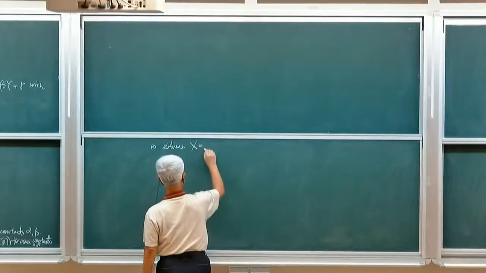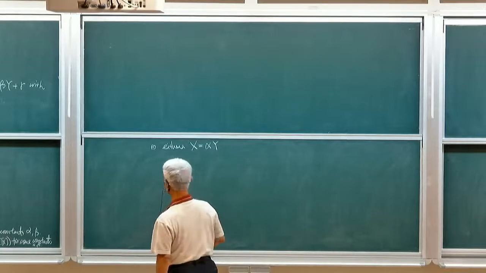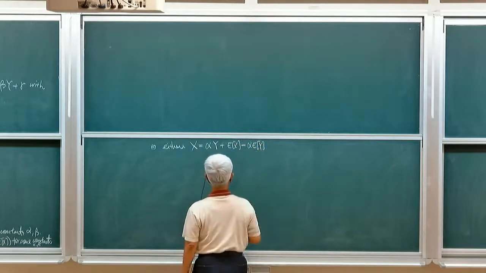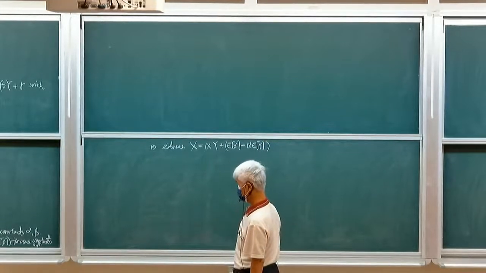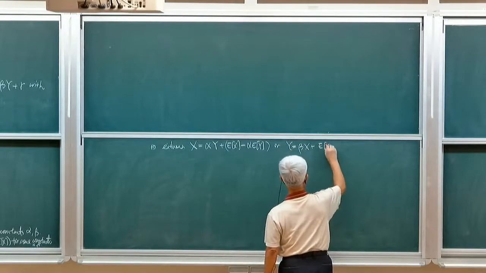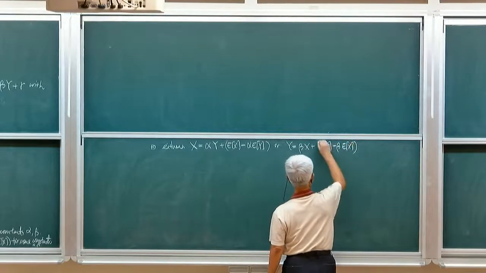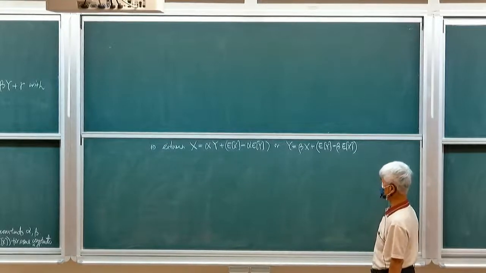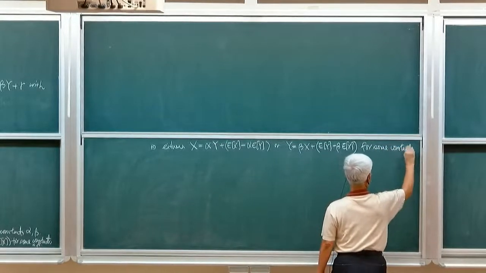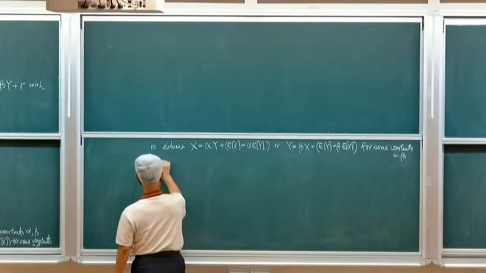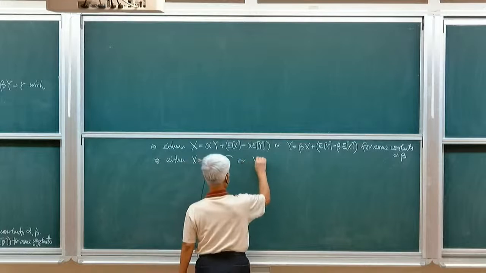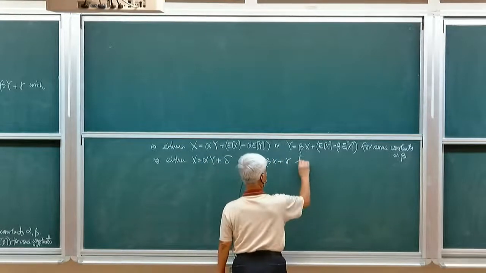So either X is equal to alpha Y plus expectation of X minus alpha expectation of Y, so that is the constant, or Y is equal to beta X plus expectation of Y minus beta expectation of X, for some constants alpha, beta.